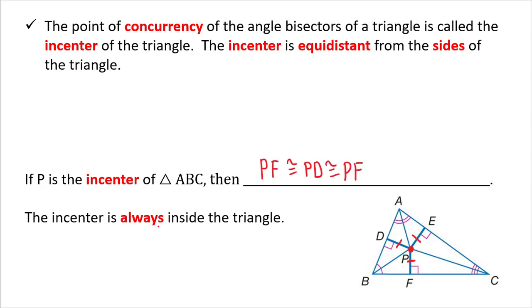And the incenter is always inside the triangle. It's called the incenter because eventually in chapter 10, once we do circles, we are going to be inscribing a circle inside of that triangle. Again, take a minute to pause the video and write this down if you need more time.